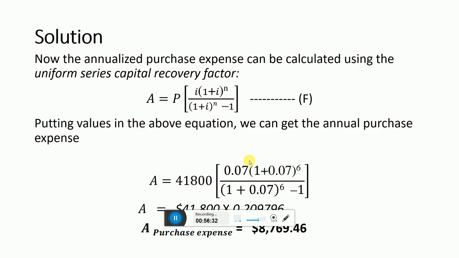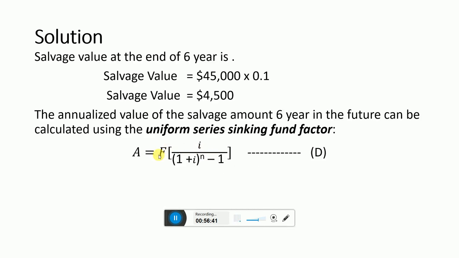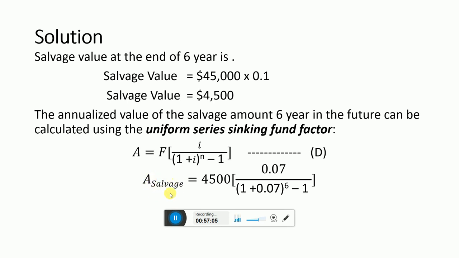In the previous equation, we used this equation in terms of P. Now we use it in terms of F, because here we have the future amount, the future value. So using this 4500 here, we know that I is 0.07 or 7%, N is 6. Putting all these values in this equation, we can get the annual salvage value.